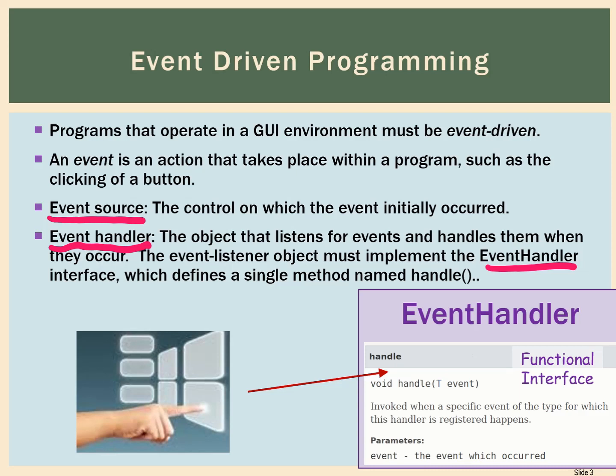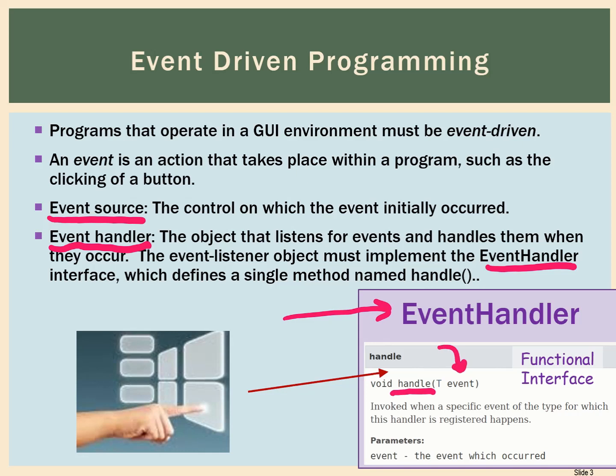What we really have, though, is an instance of an interface, and that instance is known as an event handler. And the event handler really has one job. The one job that it has is to provide a body for the handle method. And the handle method accepts as a parameter an event.